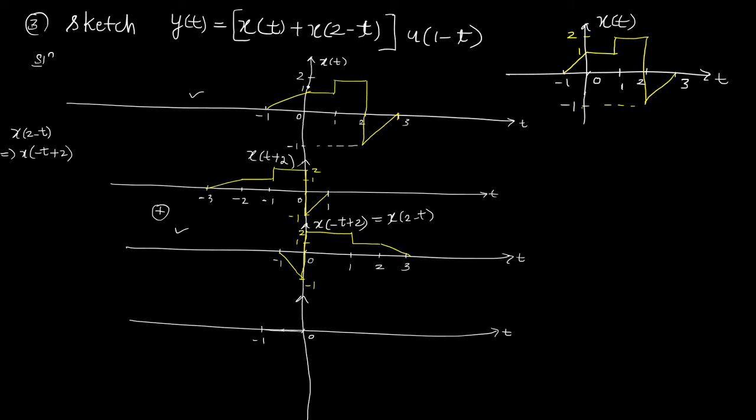Now when you come to exactly at t is equal to 0, here amplitude is 1, but here at exactly t is equal to 0, you have a dilemma condition. Dilemma means suddenly the amplitude is shifting from minus 1 to plus 2. In such case, when you get dilemma, you should not take exactly at t is equal to 0. You have to take a small point before t is equal to 0 and after t is equal to 0.